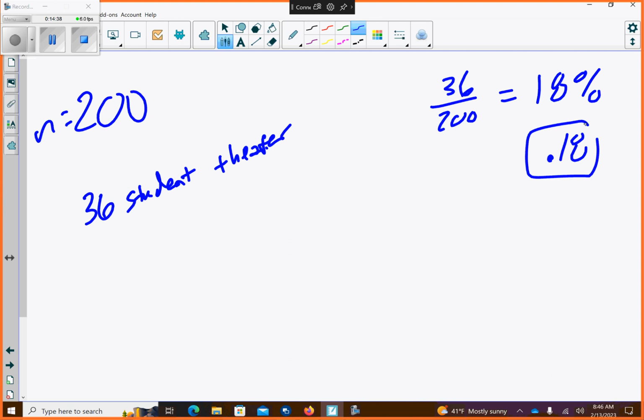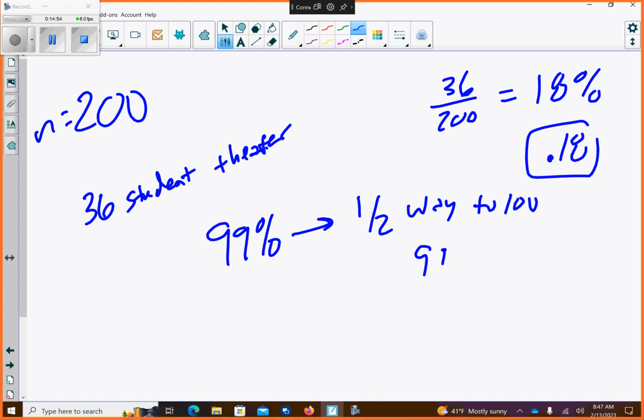And then we have to figure out our point estimate. So find the margin of error at 99% confidence. All right, so what is halfway to 100 from 99%? 99.5. It's going to give me 99.5 percent. So as a decimal, that's going to become 0.995.